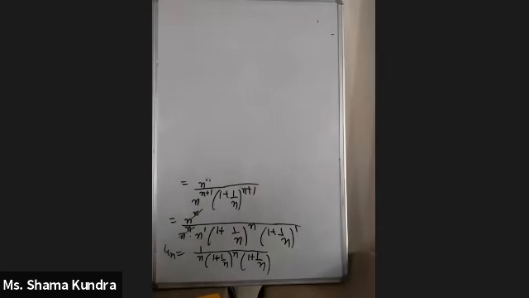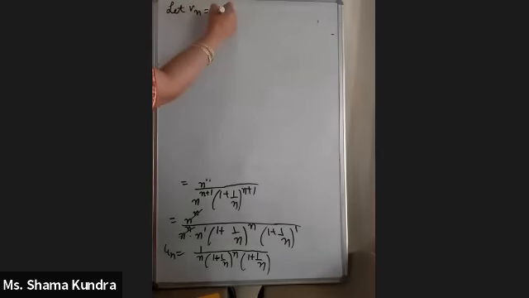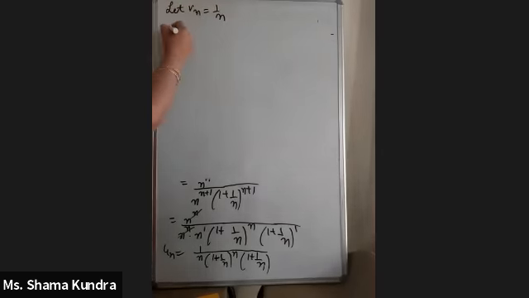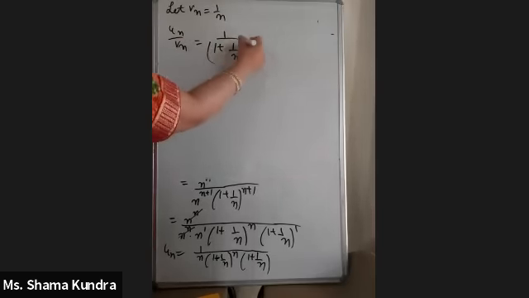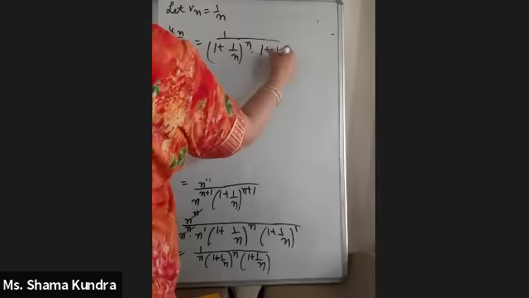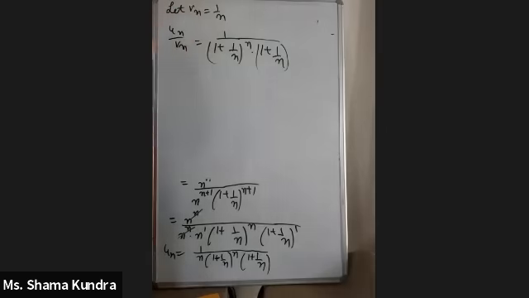Next step is to find Vn. Take Vn as the higher power of n common outside the bracket. So here it is n. So let Vn equal to 1 by n. Next step is to find un upon Vn. We will get, next step is to take the limit.